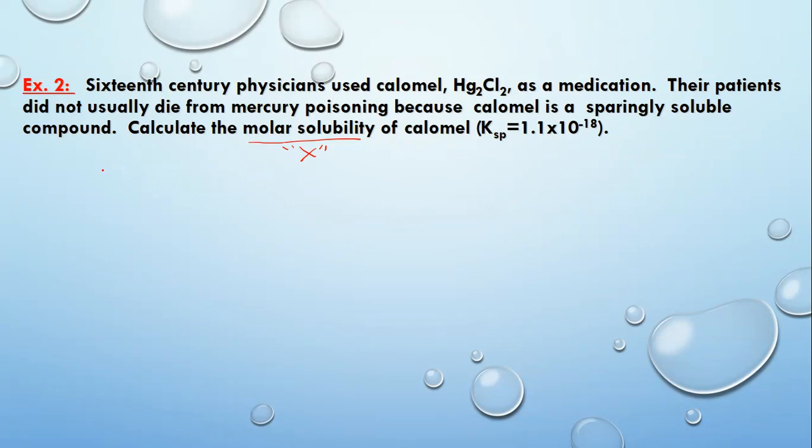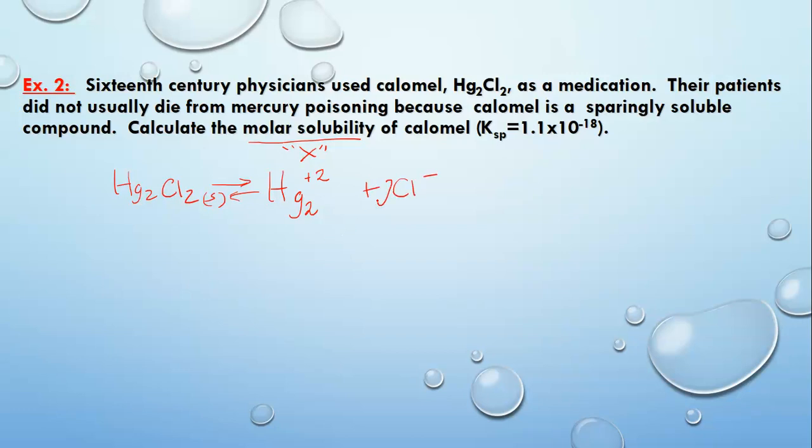So the formula for the calomel, Hg2Cl2. Y'all have all heard of amalgams. They've used them in dentistry. They do contain some mercury, but this is explaining why most people did not die from mercury poisoning. So, all right, mercury, if you pull this apart, your mercury 1 ion is Hg2 2+, and then you have the chloride ion.